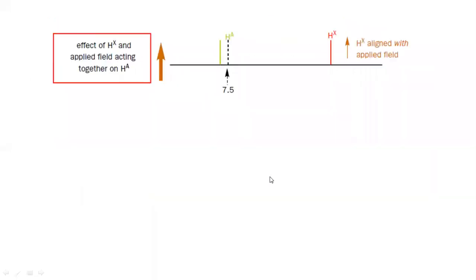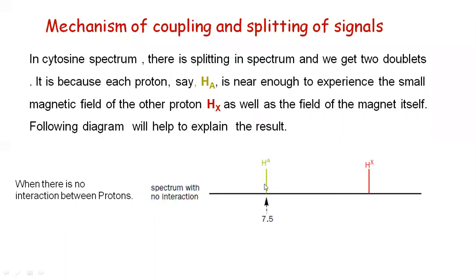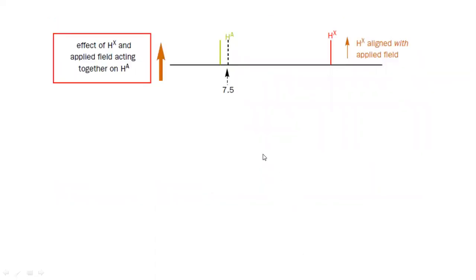Once they sense each other, you see this 7.5 shifting to a higher value, isn't it? Yes. We are focusing only on HA, not bothering about HX right now. So why is there a shift to a higher value? The reason is in this box.